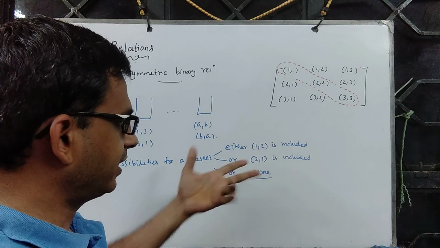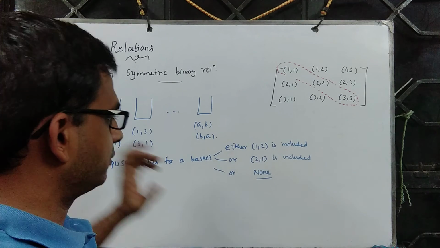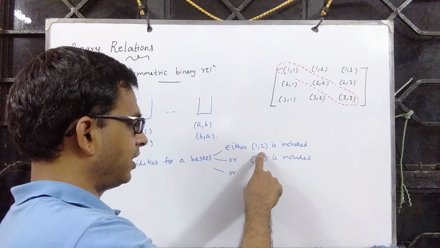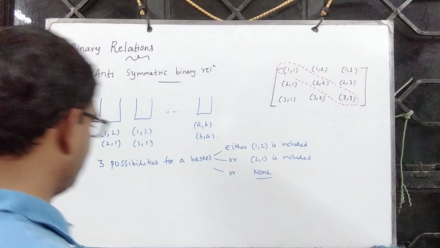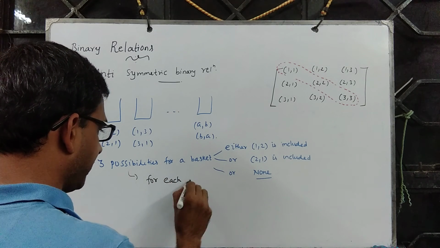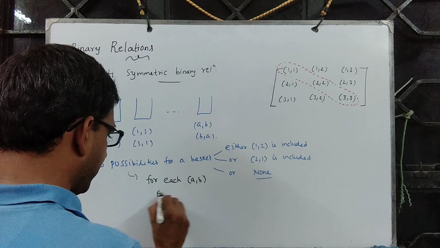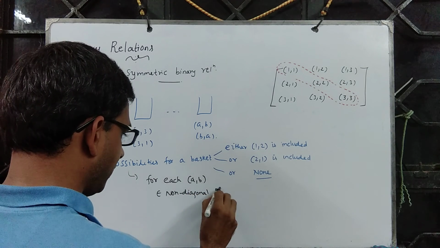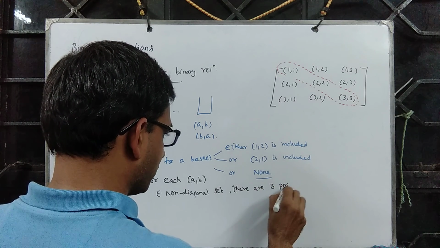Both cannot be there. If both are there, then it is not an antisymmetric relation. We are trying to count antisymmetric relations. Which means in general, if you look at a pair (a,b), either (a,b) is present, or (b,a) is present, or none of them are present. So for each pair there are 3 possibilities. For each (a,b) belonging to the non-diagonal set, there are 3 possibilities.